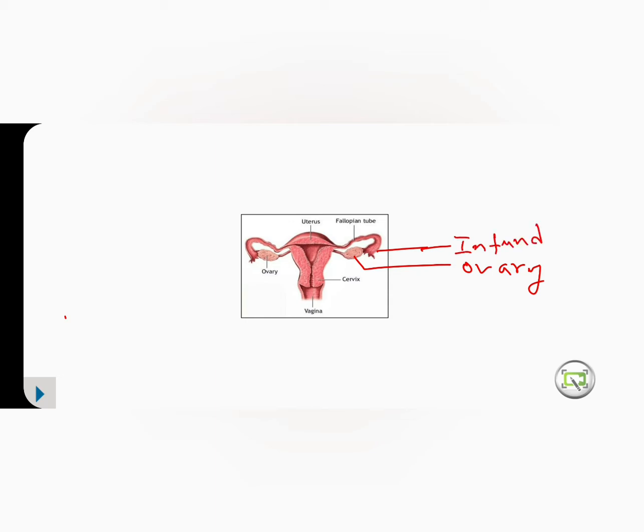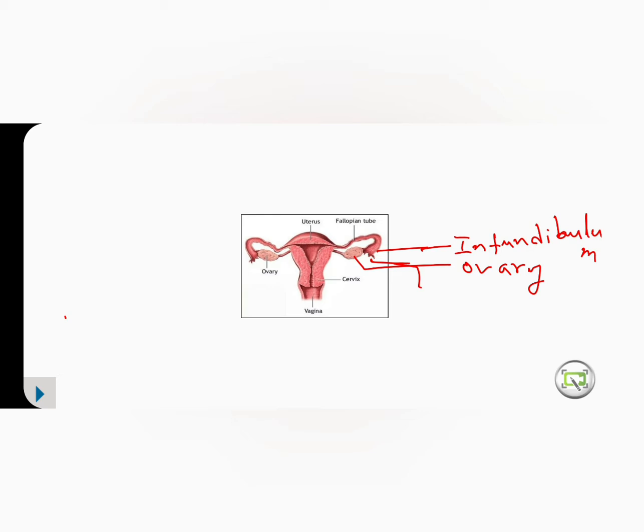This infundibulum consists of so many finger-like projections. These finger-like projections are called fimbriae, and these fimbriae are open inside to the infundibulum.